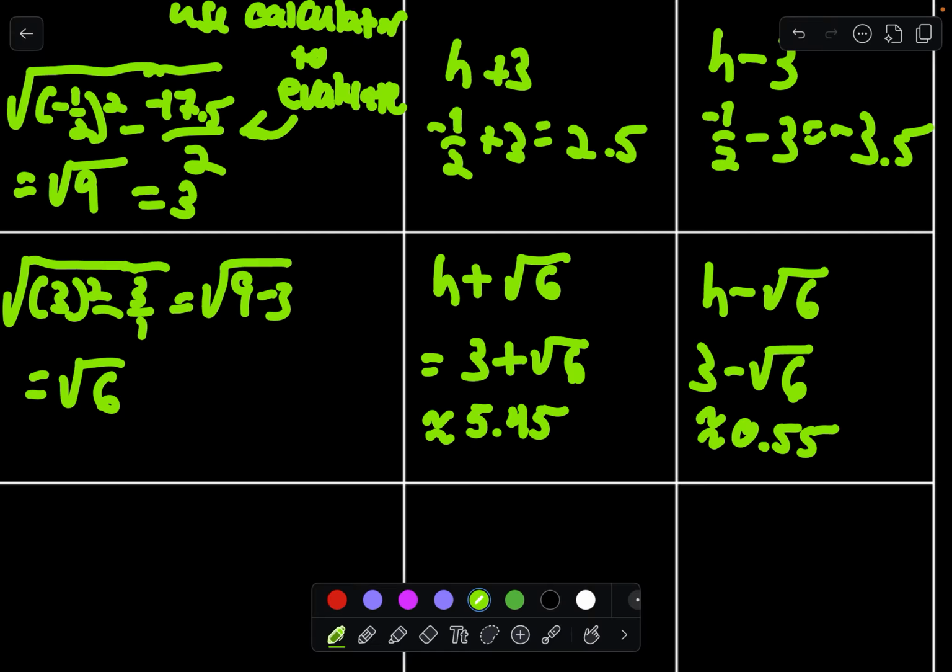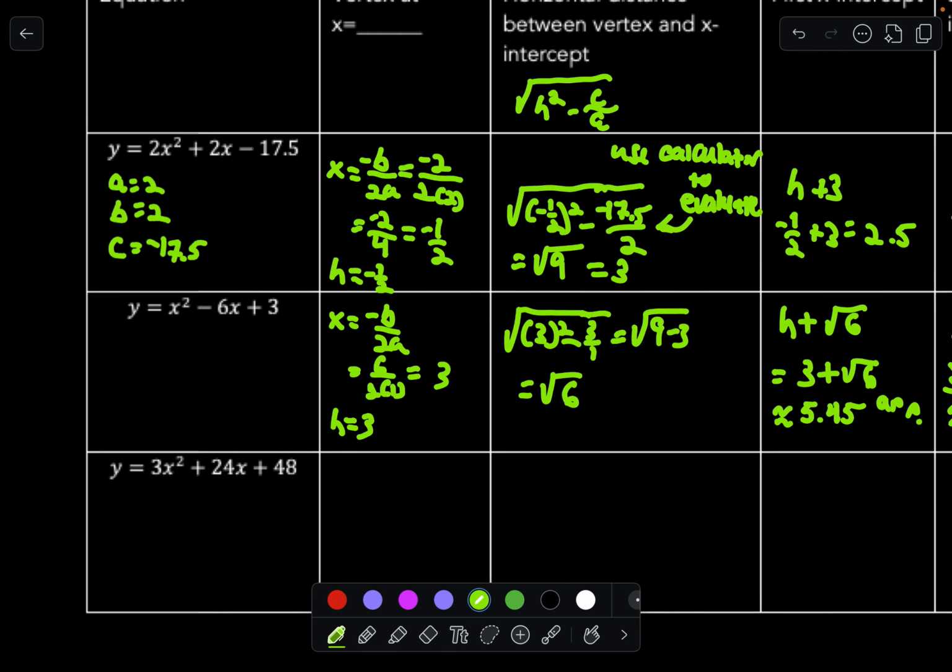Now, this is exact, the one that has the square root. This is approximate, because whenever you evaluate these non-perfect square roots, you get this ugly irrational decimal. So it's definitely an approximation.